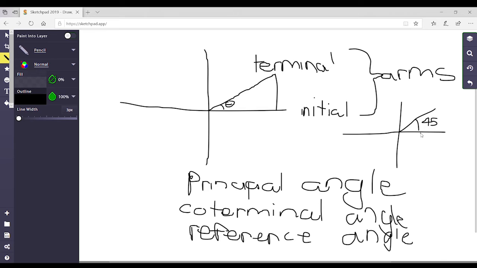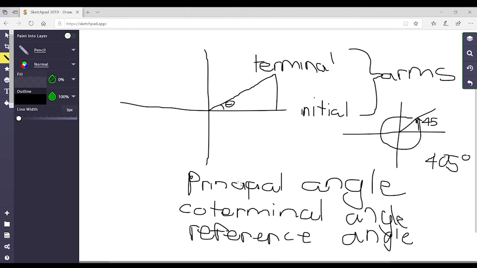So if you go 45 degrees away from your initial arm, you're going to get this line, right? But if you go another 360 degrees on top of that 45 degrees, you're going to get that line again, okay? So that would be 405 degrees total. So that means that 405 degrees and 45 degrees are coterminal because they both get you the same line.